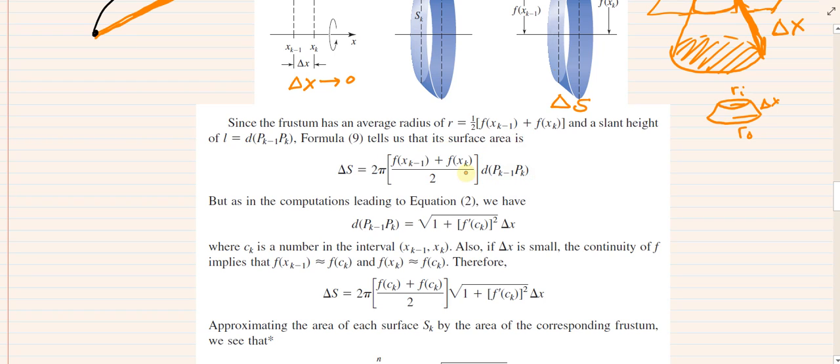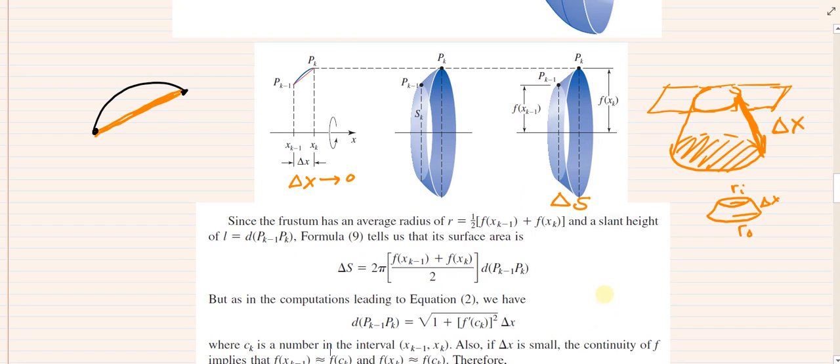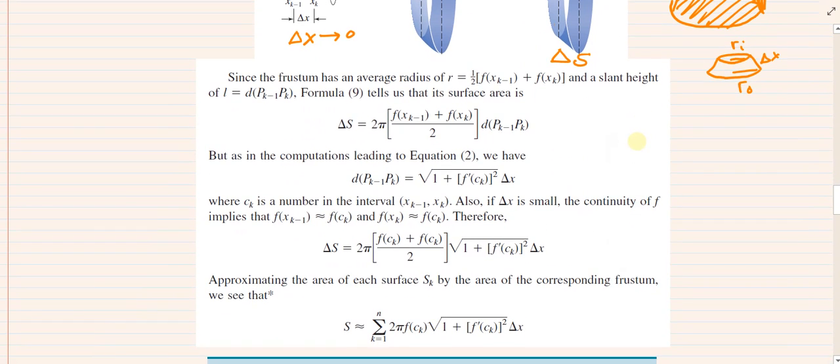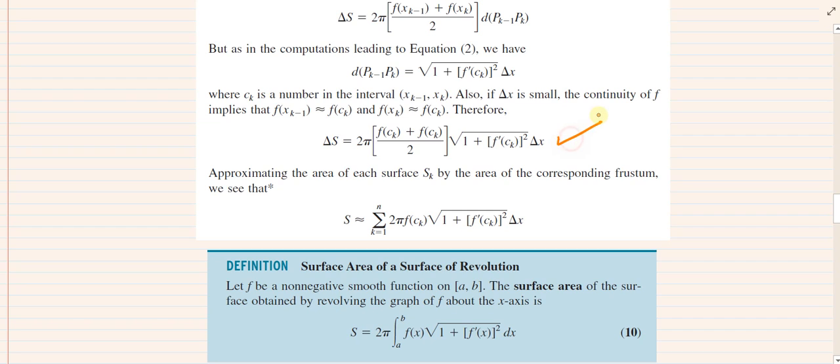Okay, so the formula again for the frustum of a cone is 2 pi times the average radius times the thickness. All right, and then because we've already determined what the thickness is, replacing the direct distance from p sub k minus 1 to p sub k with what we showed earlier will result in the next part of the formula, which is this part.